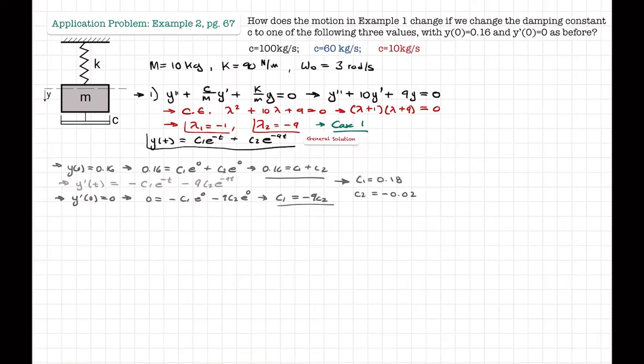So my particular solution is y of t equals 0.18 e to the negative t minus 0.02 e to the negative 9t. This is how it looks when we have overdamping.